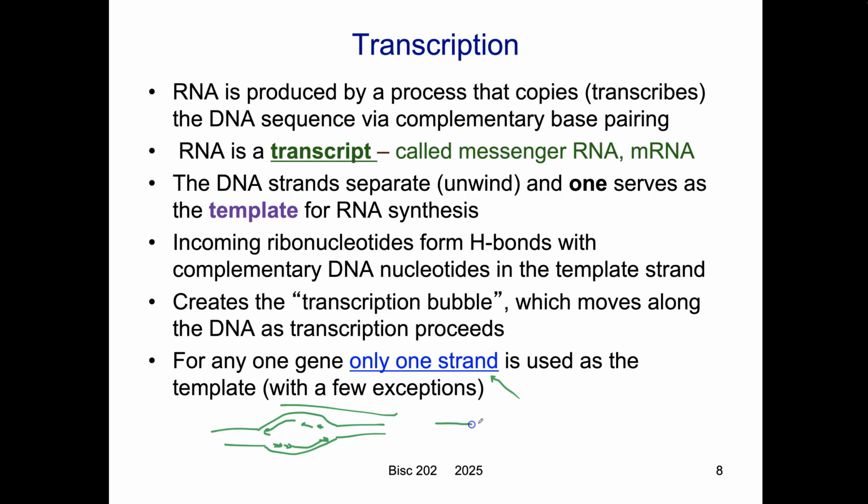Whereas in the case of transcription, you may even learn of some exceptions in other courses, but for the most part, it's just one strand that's being copied to produce the RNA. And that strand is going to be the template strand.